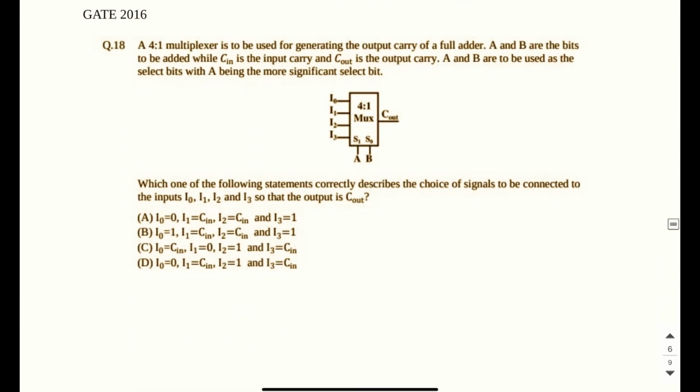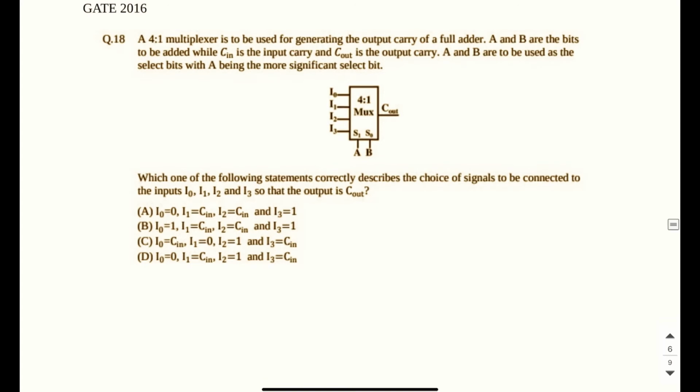Now in this case it says that a 4x1 multiplexer is to be used for generating the output carry of a full adder. A and B are the bits to be added, while C in is the carry and C out is the carry out. So A and B are used as the select bits, with A being the most significant bit. So we are given everything about it and we need to find out the expression for C out. For doing this question, first of all you should know what the carry output for a full adder is.